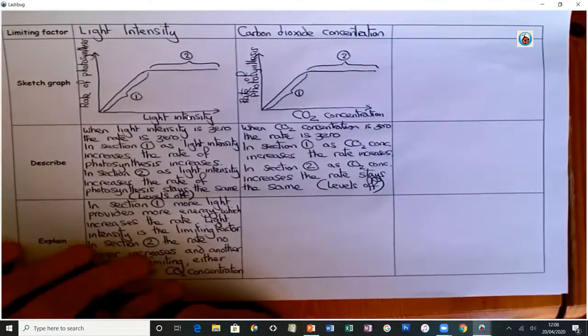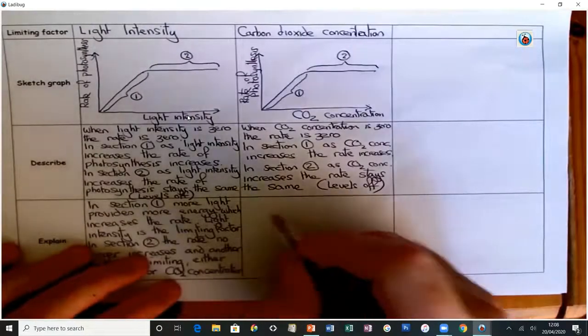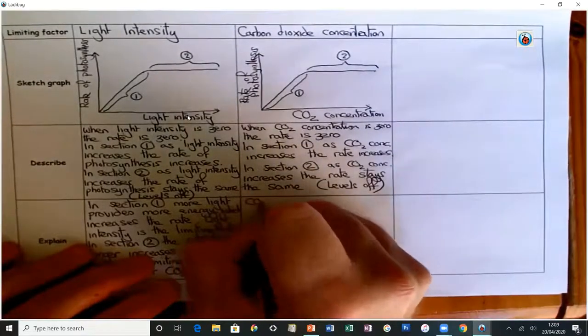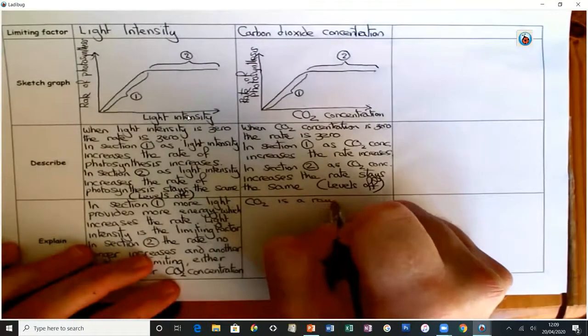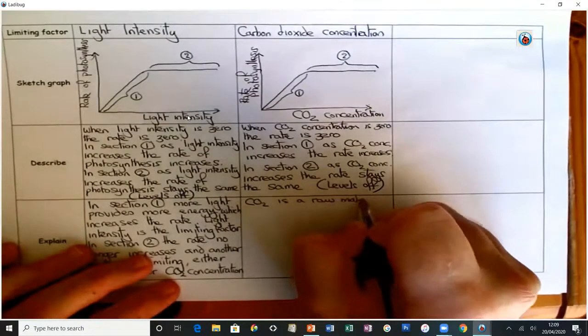Let's look at the explanation. What do we know about carbon dioxide? Well, we know that carbon dioxide is a raw material for photosynthesis. Okay, so we can write that down first of all. So carbon dioxide is a raw material.